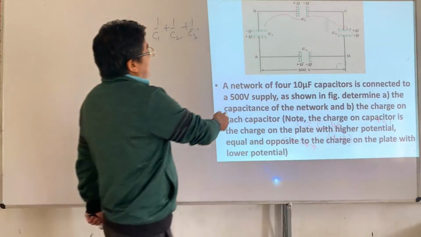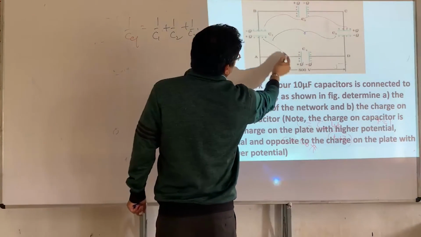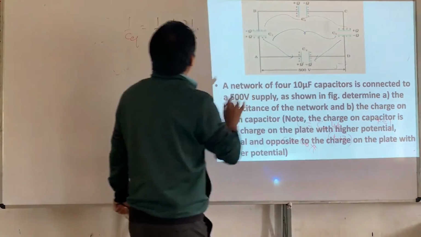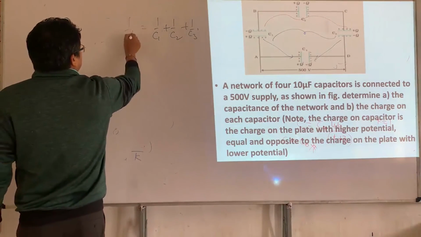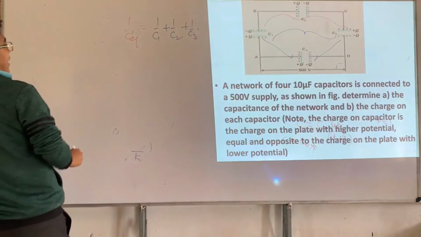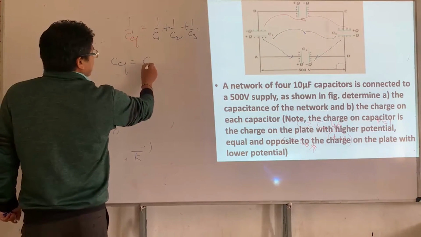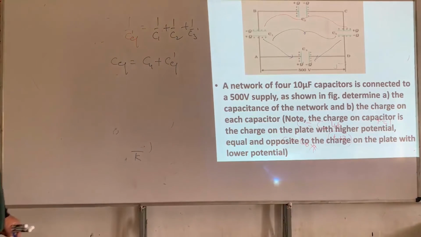And in turn, these three are in parallel with this one, positive connected to positive, negative connected to negative. So this is a parallel. Let's say this equivalent is C prime. So the total equivalent is C4 plus C prime. This is how you are going to obtain it.